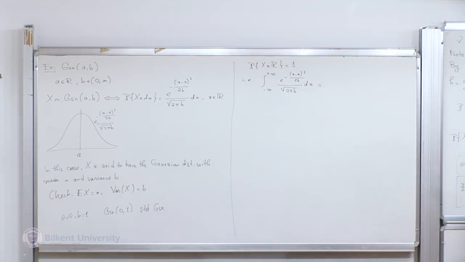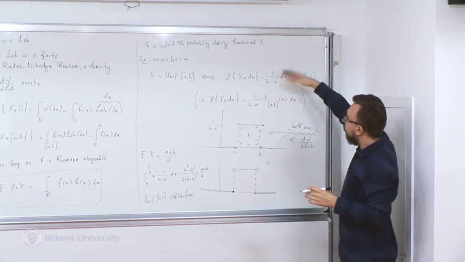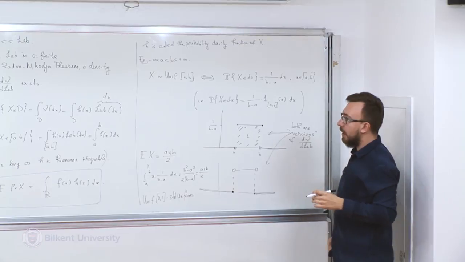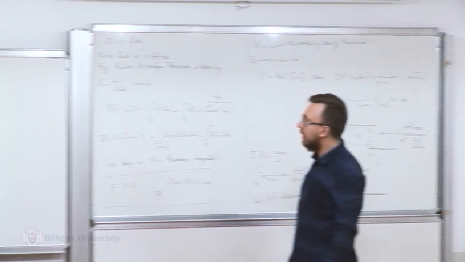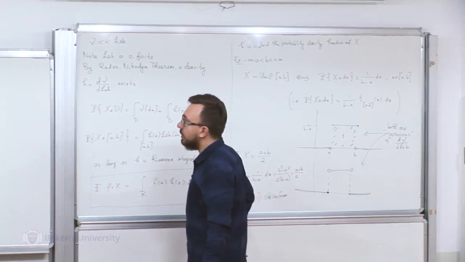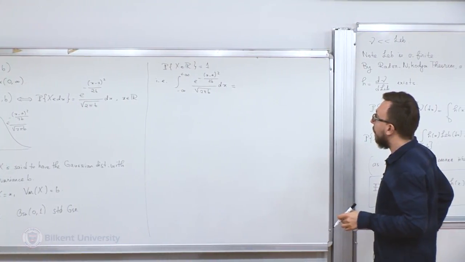Let's try to see why this is the case, because it's not obvious. In the uniform case, it was obvious. This is just a constant times dx. You can integrate it from a to b and see that this area is 1. In the standard uniform case, that was also easy. But here, it's not very trivial. So let's try to see why this is a probability density function.